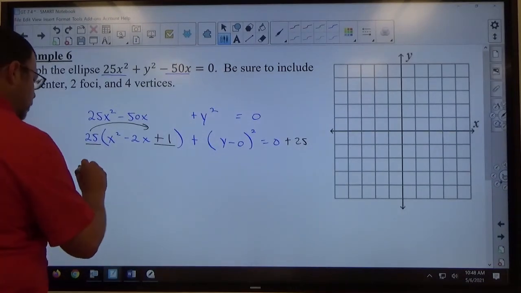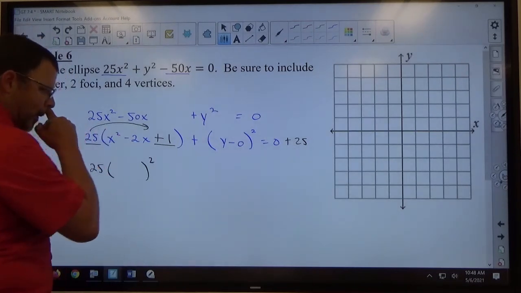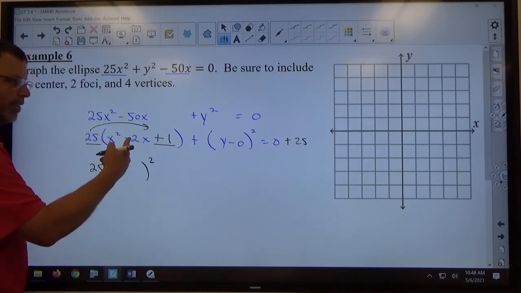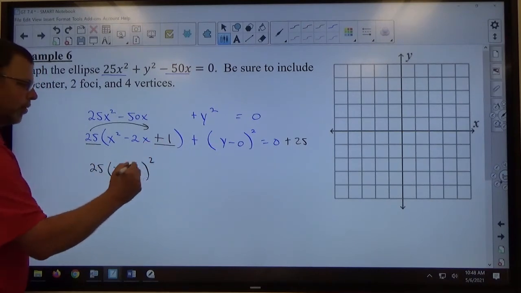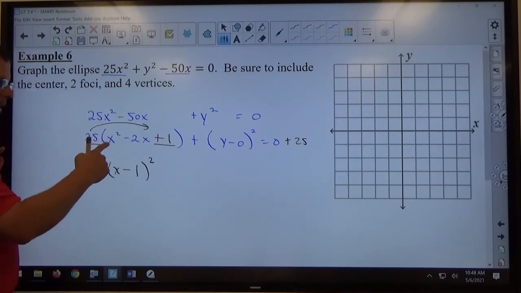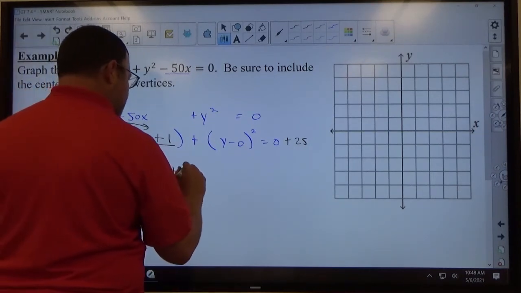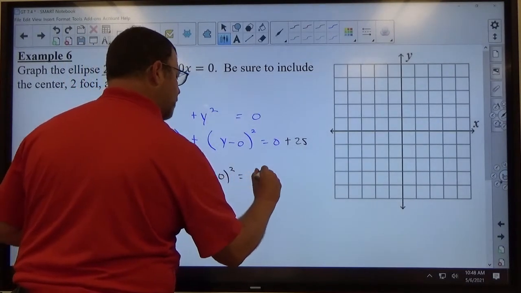So now I'm ready to factor, so 25 parentheses squared. My factoring form has a letter, which is the first letter, which is x, a sign, which is the second term's sign, which is minus, and the number, which is the square root of the number, which is 1. So take the letter, take the sign, take the square root. 3 terms, 3 pieces. We have parentheses y minus 0 squared equals 0 plus 25 is 25.